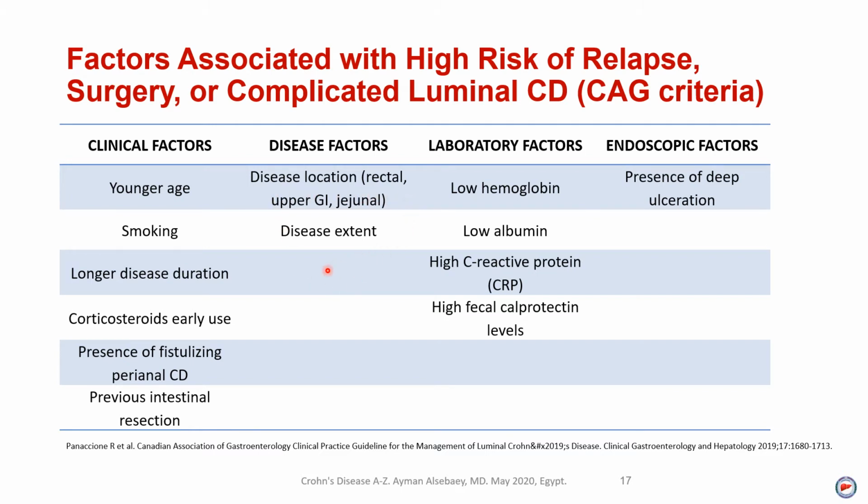The disease extent: the more the disease extends, the more the aggressiveness of the disease. Low hemoglobin, low albumin, high CRP, and high fecal calprotectin are more associated with relapse, surgery, and complication. The presence of deep ulceration in endoscopy is also associated with aggressive disease.